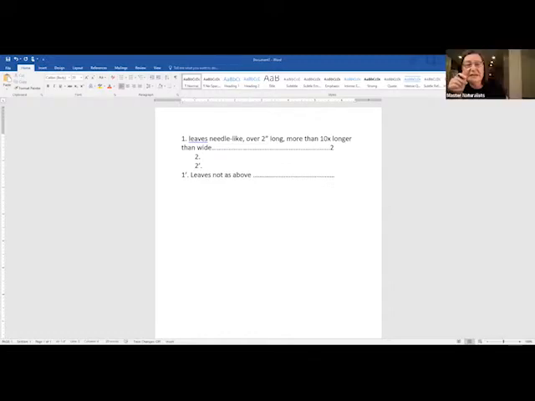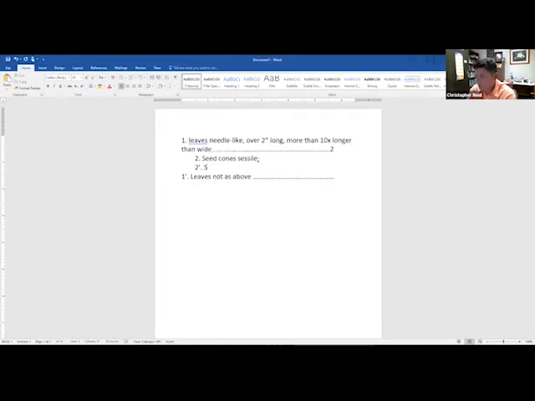Did you get that, Chris? Sessile versus attached cone? Yep. All right. Seed cones, sessile. Seed cones, stalked.